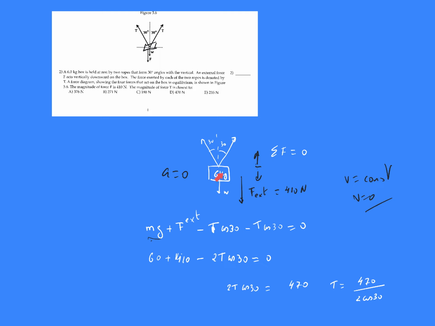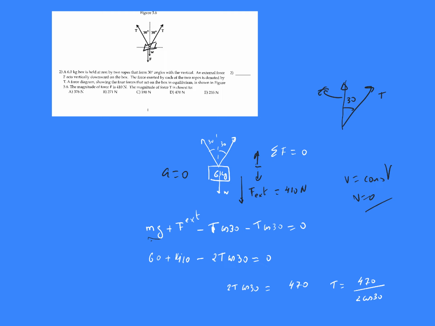So let's say that the weight is positive, mg. The external force, the problem says, is going downwards, so we put it positive. Now there is T cosine of 30. The force that is going upward is T cosine of 30.